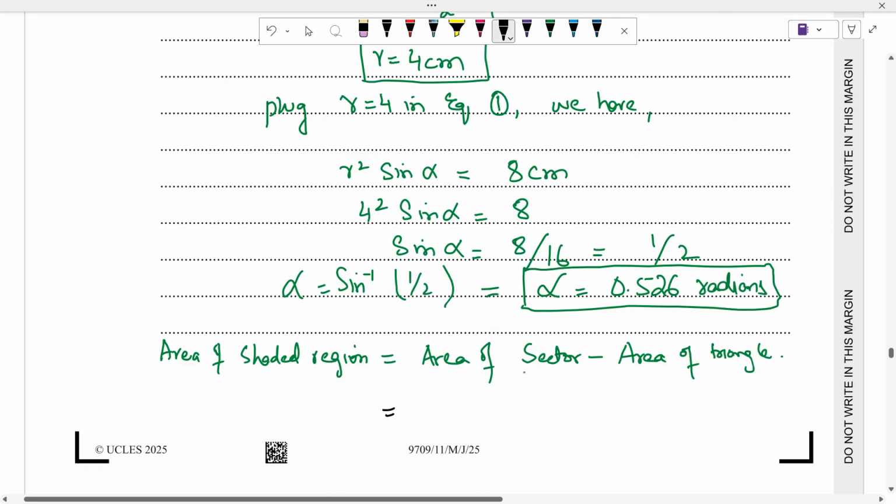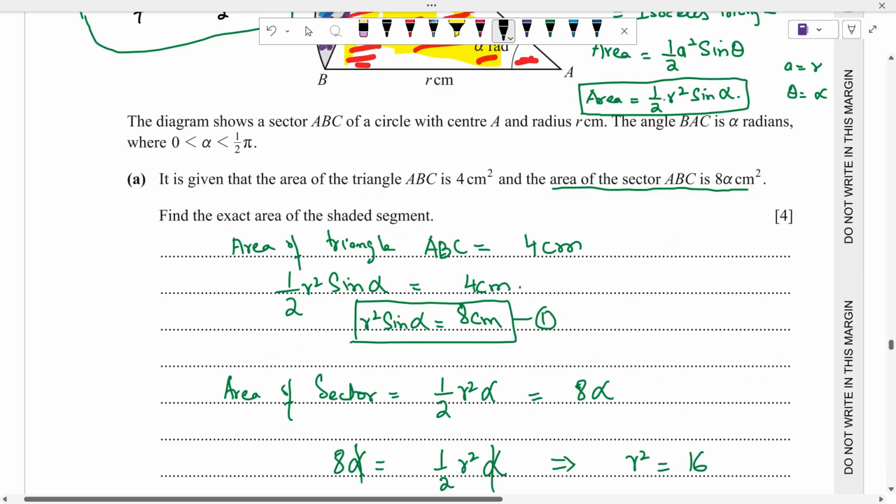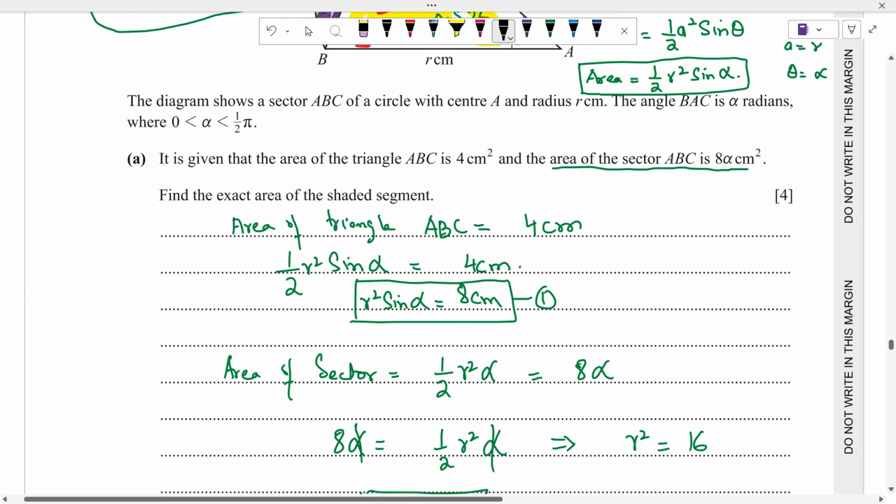In this case, the area of the sector is 8 times alpha, minus the area of the triangle, which is 1 over 2 r squared sine alpha.